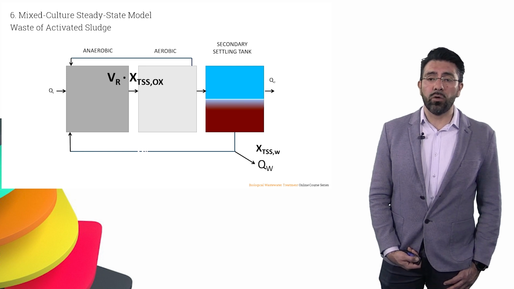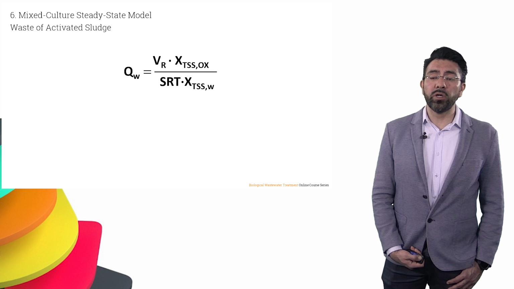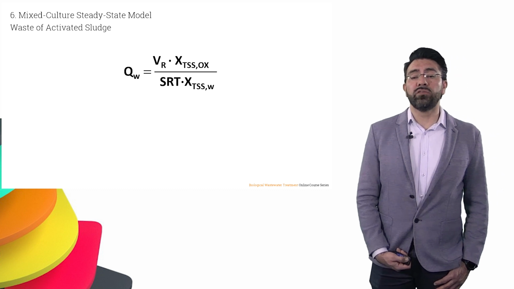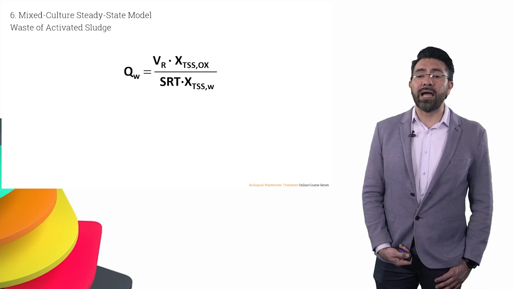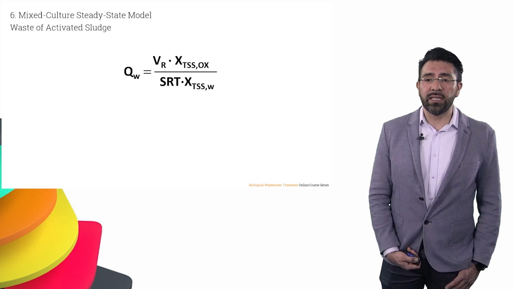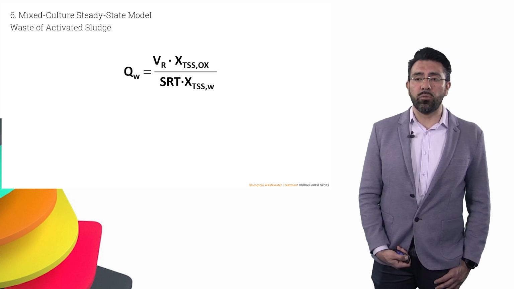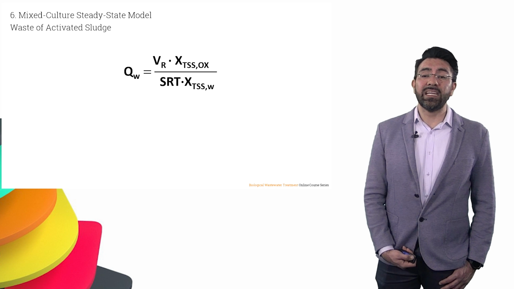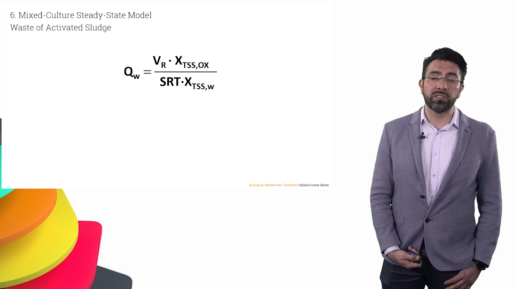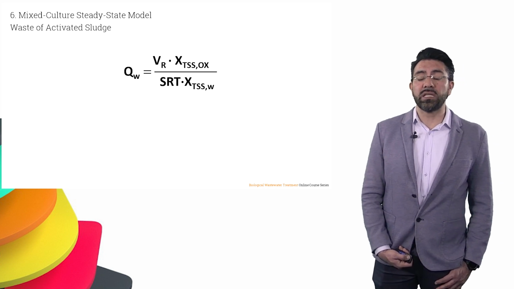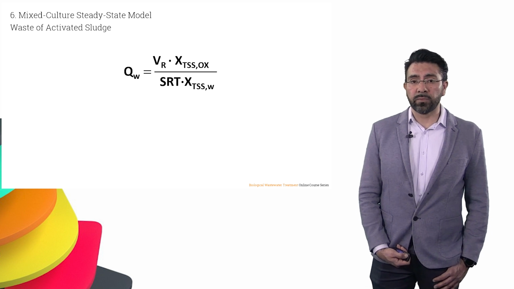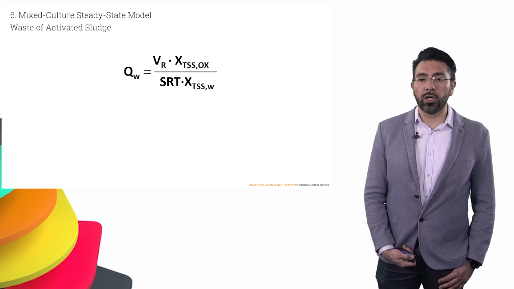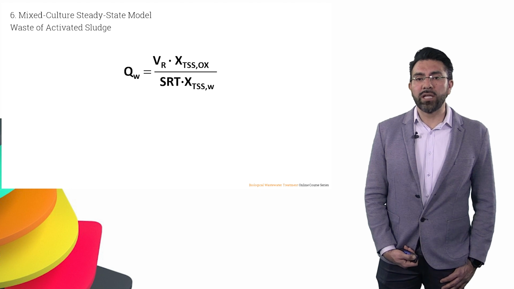As such, the waste of activated sludge can be computed as the volume of the reactor times the concentration of TSS, that is basically the total mass of solids accumulated in the system, divided by the SRT that we have used for the design of the system, times the concentration of TSS in the waste of activated sludge. This is one of the most typical and common ways to control the waste of activated sludge in an activated sludge plant.